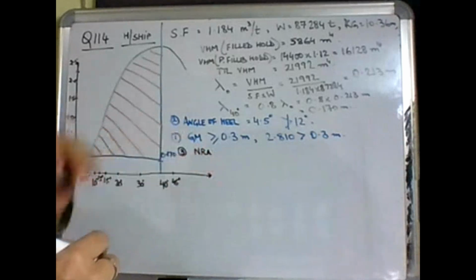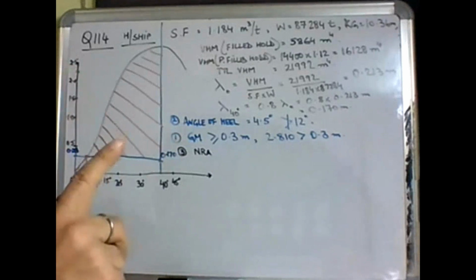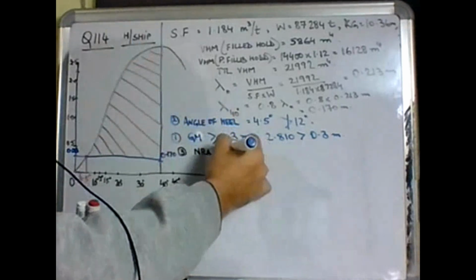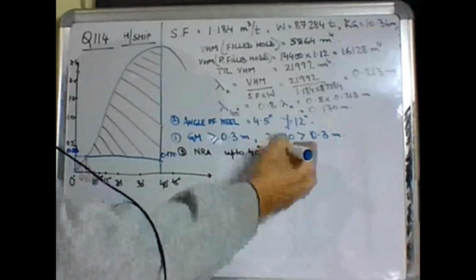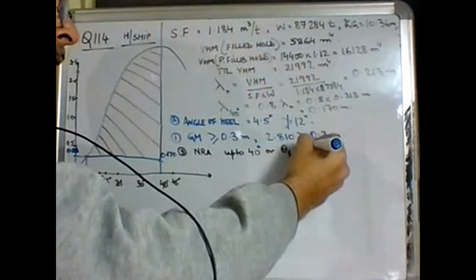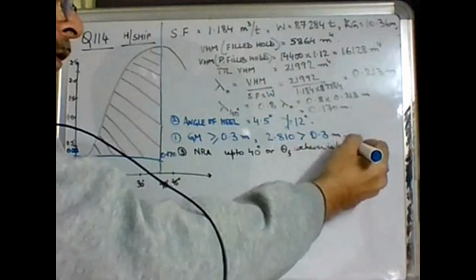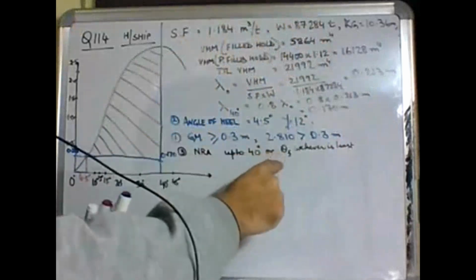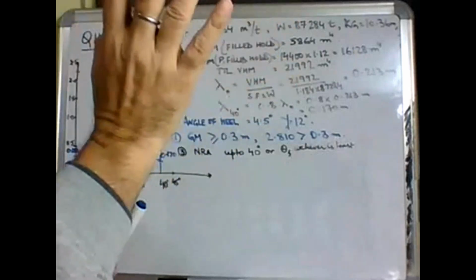The net residual area between the heeling arm curve and the GZ curve up to 40 degrees or angle of flooding, whichever is least. Now, in this case, the angle of flooding is given to us as 37 degrees.